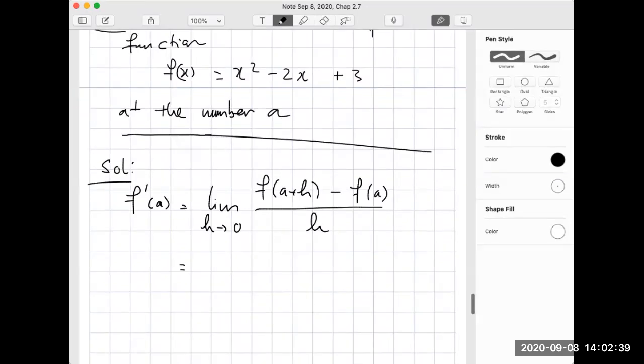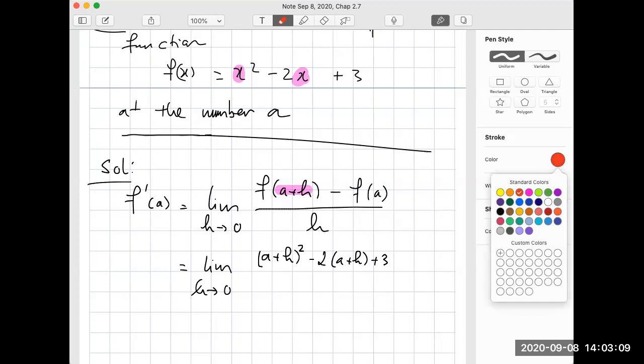So now this function, the input is a plus h. We'll substitute that into the value of x here, right? It means it is the limit when h approaches 0 of a plus h squared minus 2 times the input a plus h plus a constant 3, right?